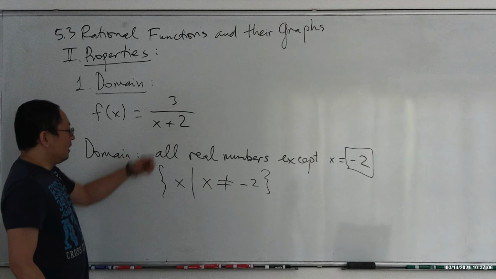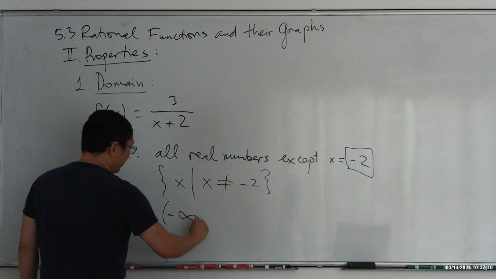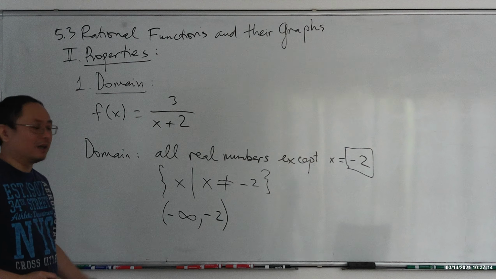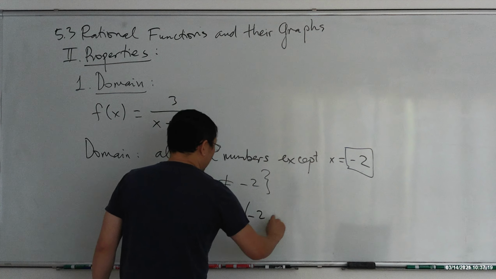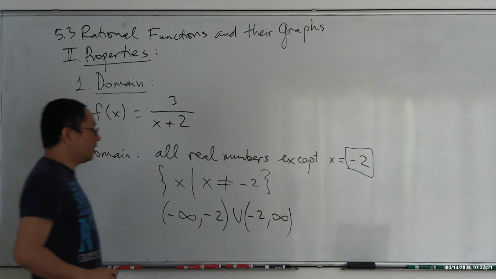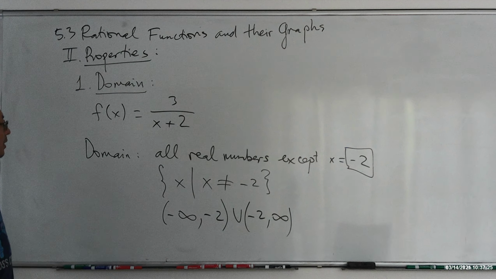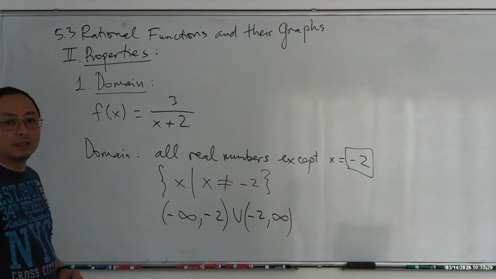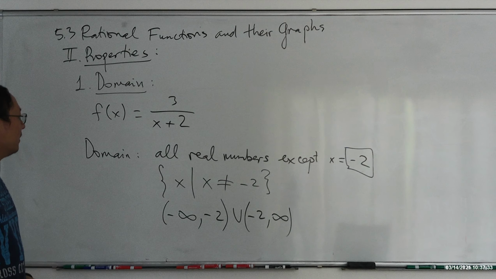Or you can use interval notation: from -infinity all the way to -2, with a parenthesis, excluded, not including -2, and then union from -2 to infinity. This is another way of writing the domain. So one of those three ways can be used to represent our domain in our work. Okay?